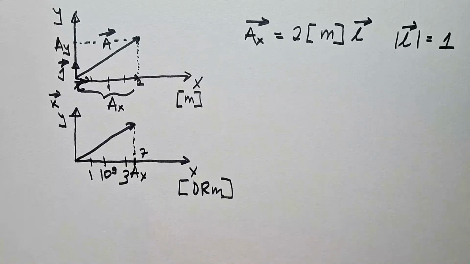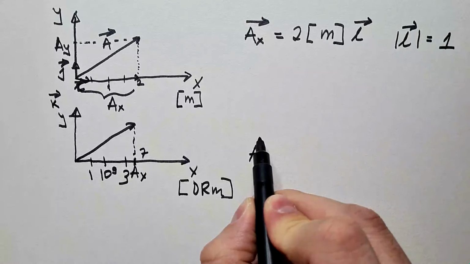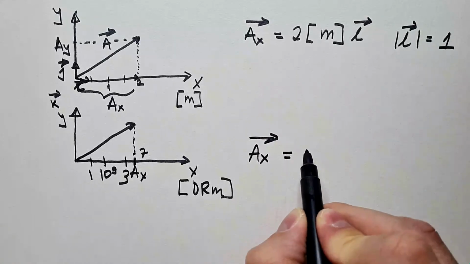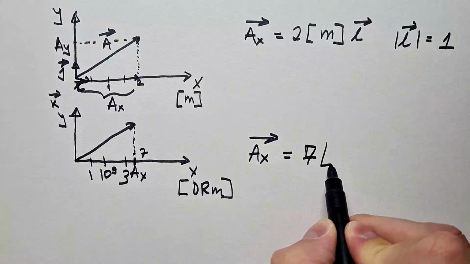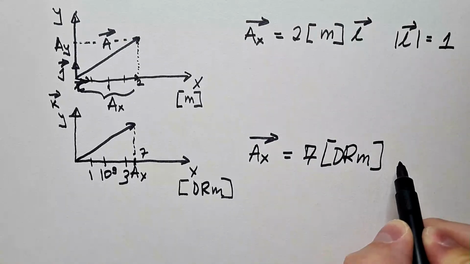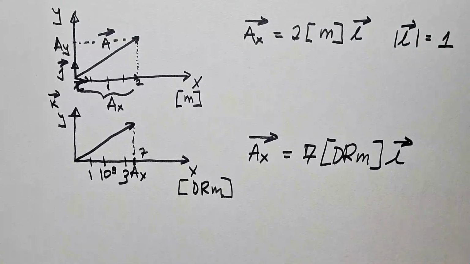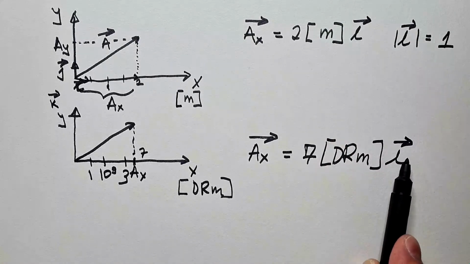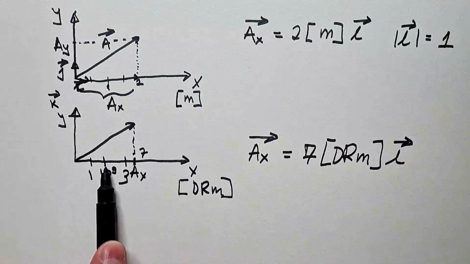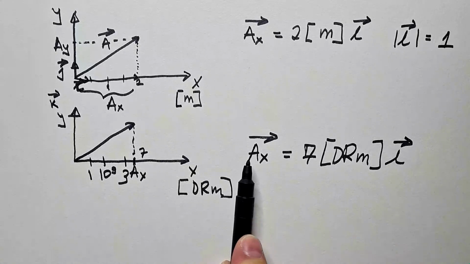What is the Ax component in these crazy units? Well, the Ax component is 7 DR meters times, again, unit vector i. And you can see that I have the same unit vector regardless of the unit I am using to measure the component of vector Ax.